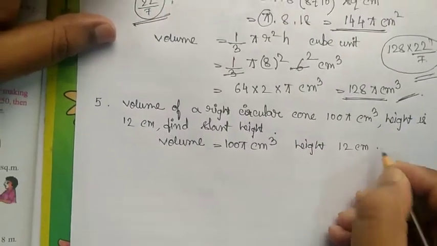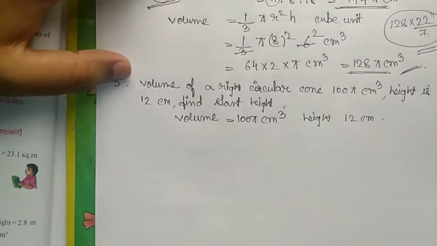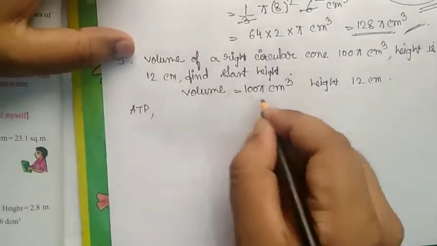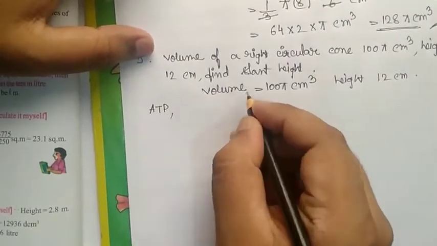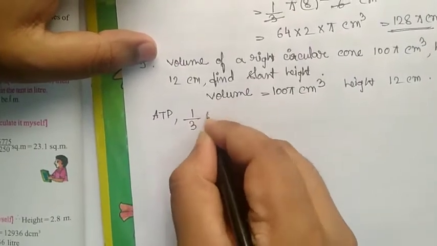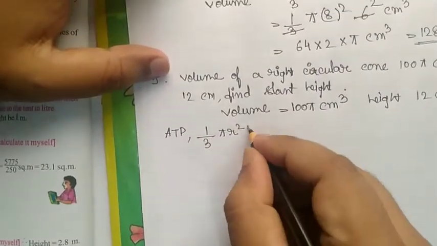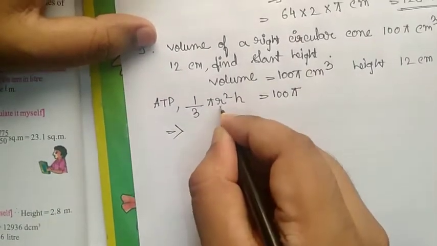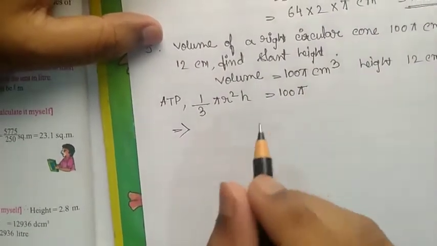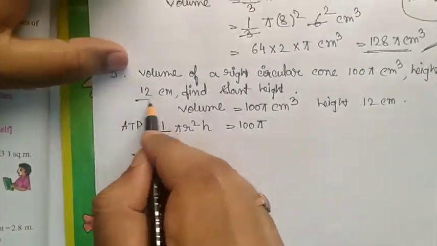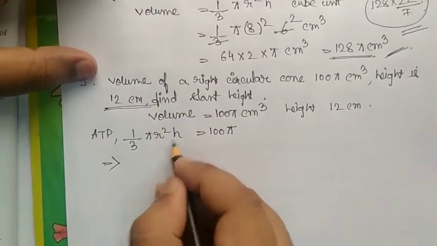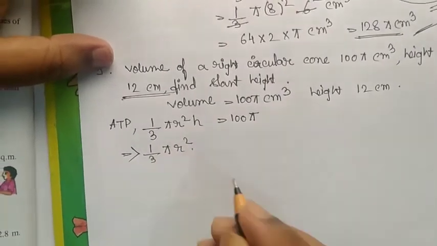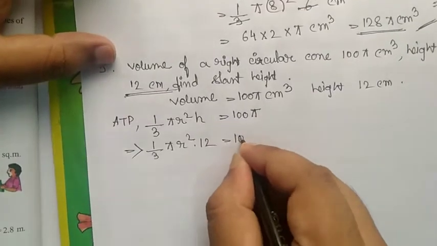Now we know that according to the problem, volume is 100 pi centimeter cube, and the formula of the volume is 1 by 3 pi r square h equals 100 pi. Here only h is given as 12 centimeter, we have to find the value of r. So 1 by 3 pi r square, h means 12, equals 100 pi.